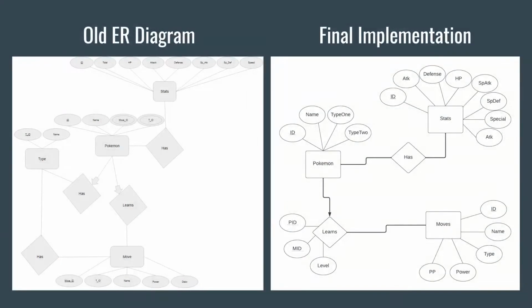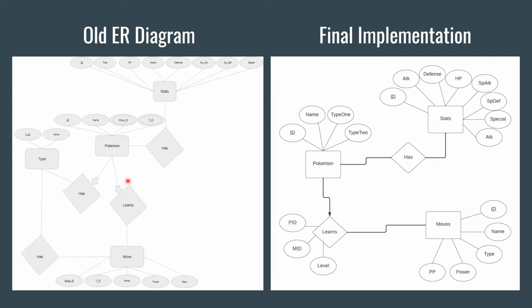To begin the presentation, I'd like to introduce our original entity relationship diagram and our final implementation. As you can see, the old diagram had many redundant relationships that were going to be difficult to implement.